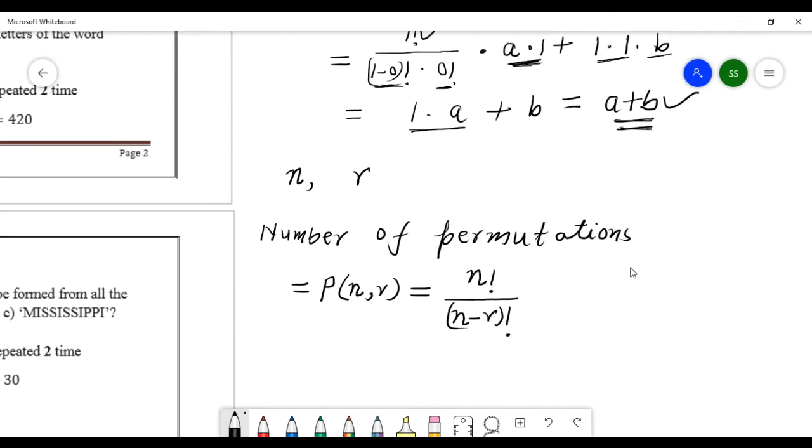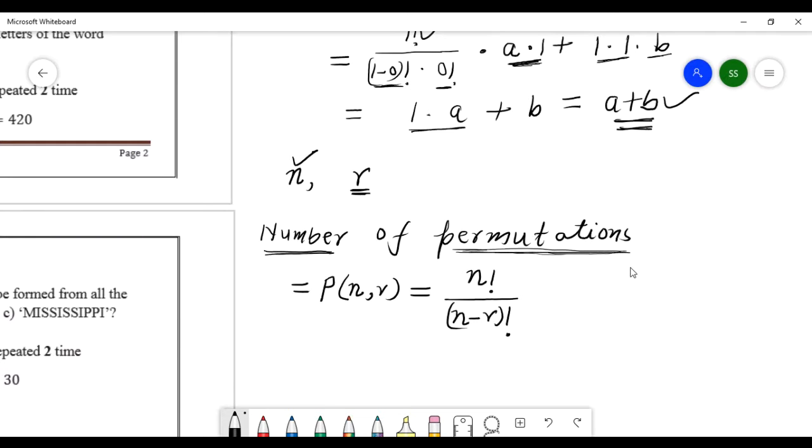Okay. So in the previous question, n equals 6 and r equals 3. Take r together. Total n and seal r together. Okay. Then the number of permutations is the number of ways.